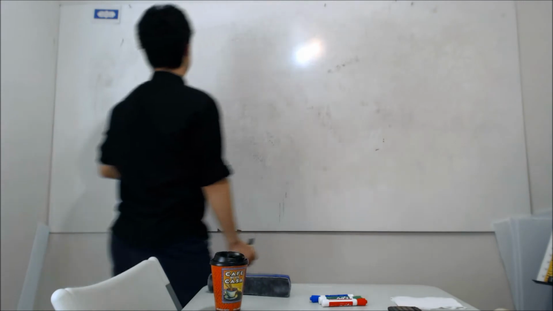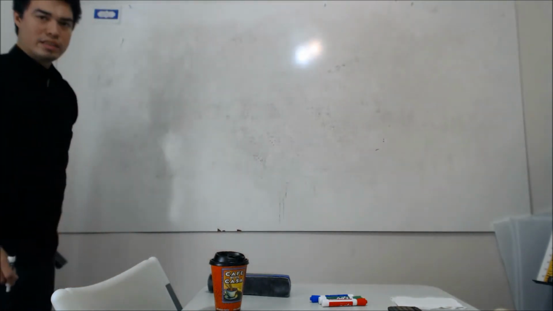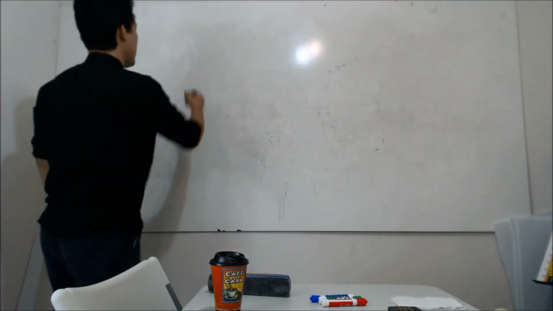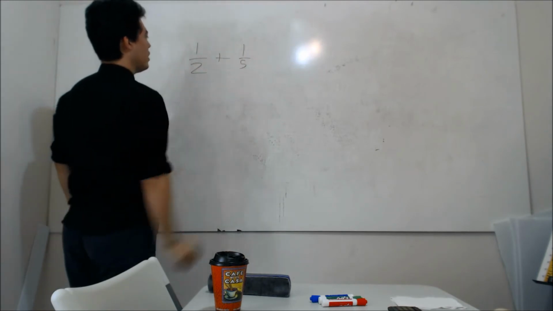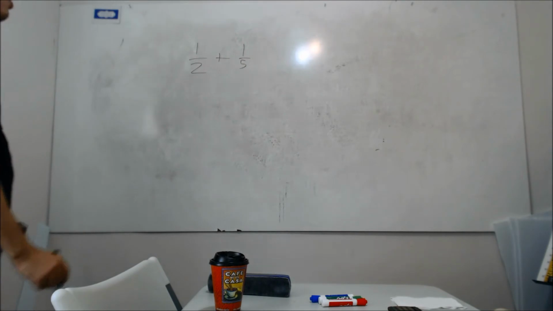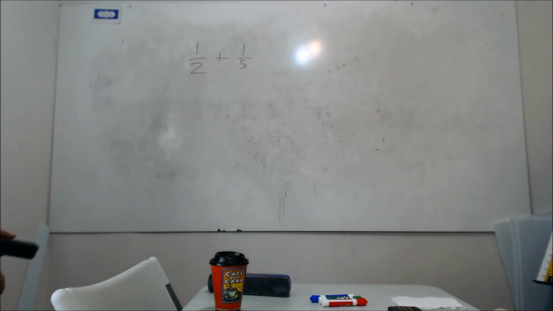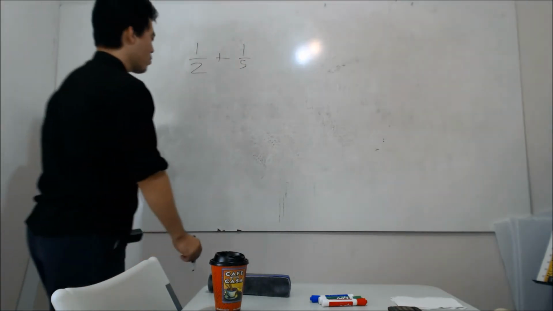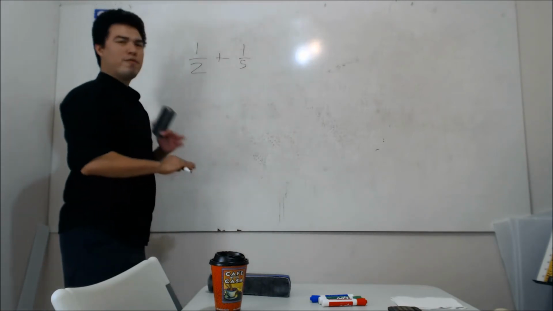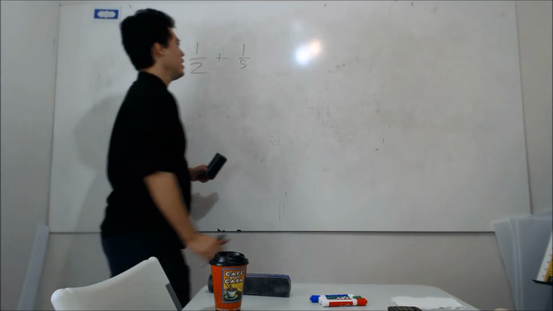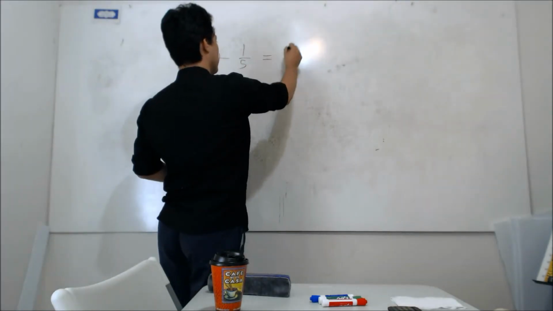Now the question is, what if they don't have the same common denominator? Let's say I'm going to add 1/2 plus 1/5. Okay, we cannot do that with that technique. We need to find a common denominator for them. And the most foolproof method of doing this is just to do the following. Check this out.